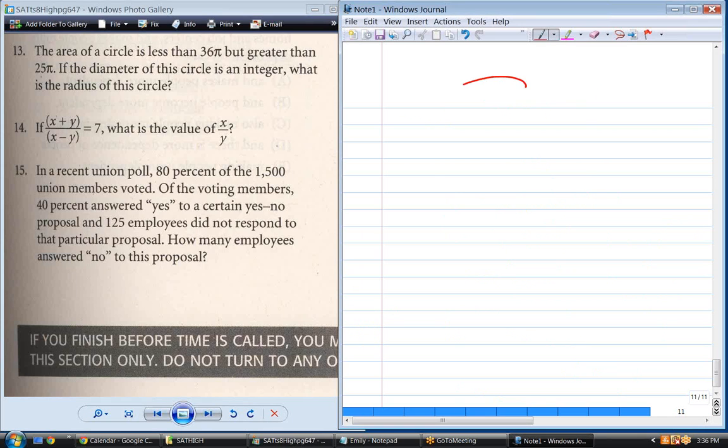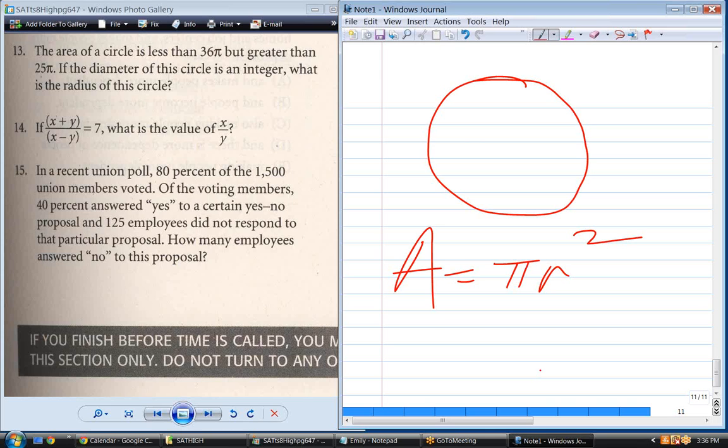Oh, I love these questions. So what is R? R has to be the square root of a number. It's got to be greater than 5 and less than 6. If the area of the circle is less than 36 pi, that would indicate R is less than 6.